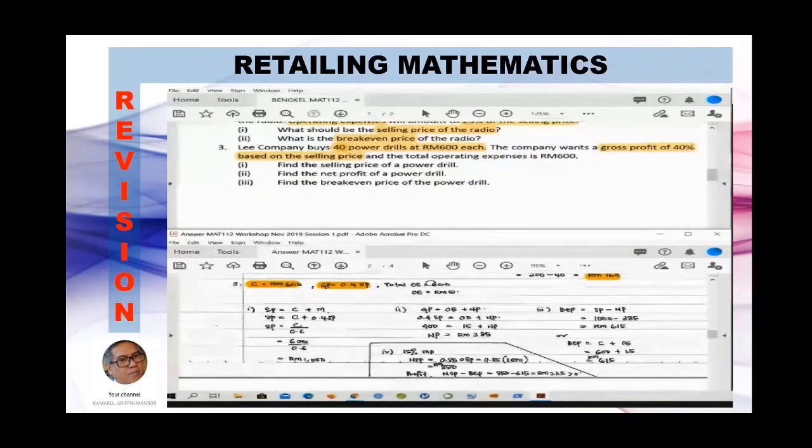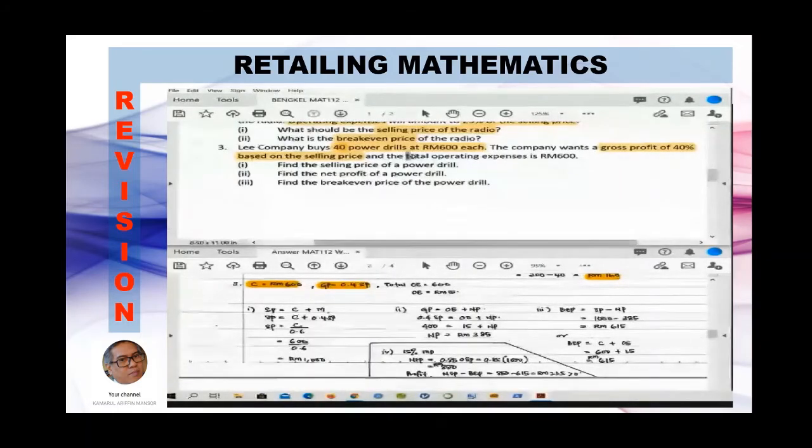Okay. And then finally dia bagi kat sini the total operating expenses. So remember here dia ada perkataan total. So total operating expenses is 600. So that means dia punya operating expenses ni yang 600 ni adalah untuk 40 power drill. Okay, the 600 is for the 40 power drills.